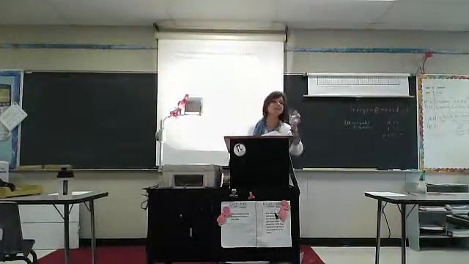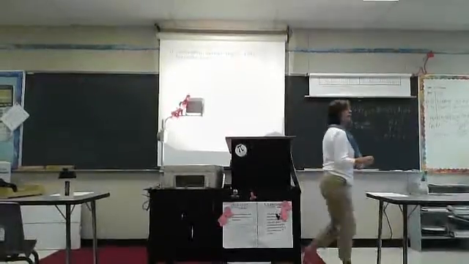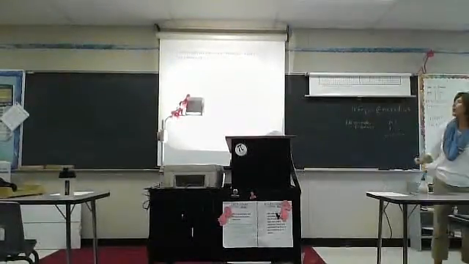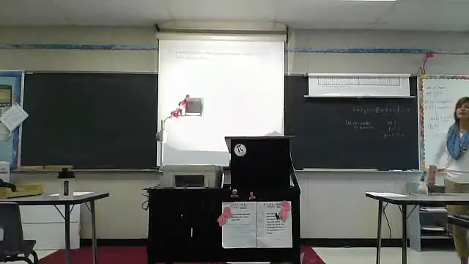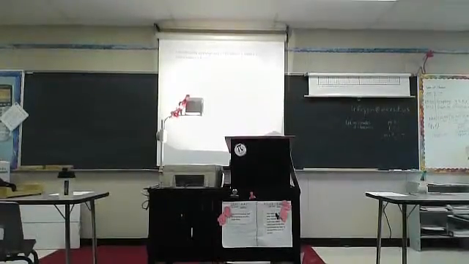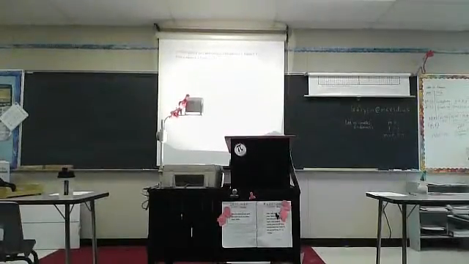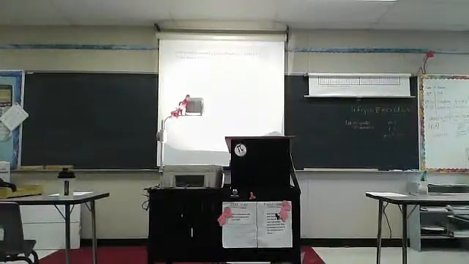Here's your next question. Y varies jointly as x and z, and y equals 84 when z is 4 and x is 6. Find y when x is 5 and z is 7.